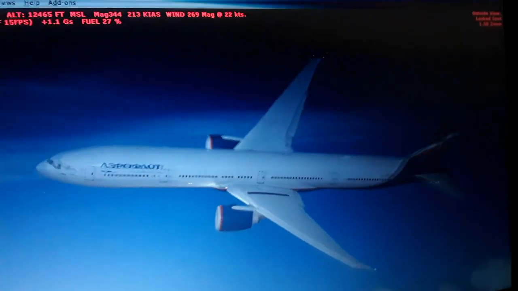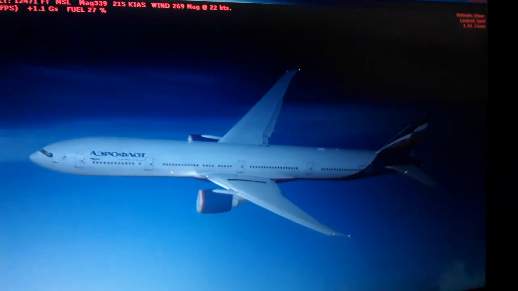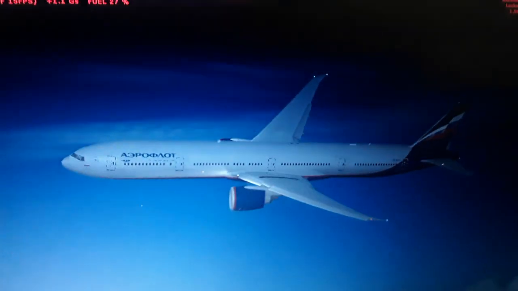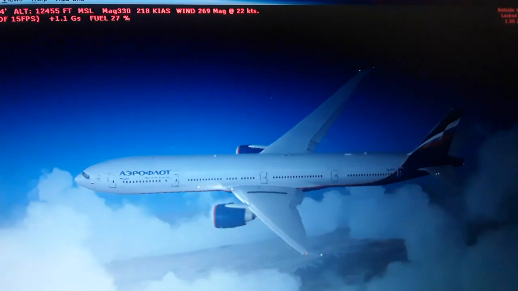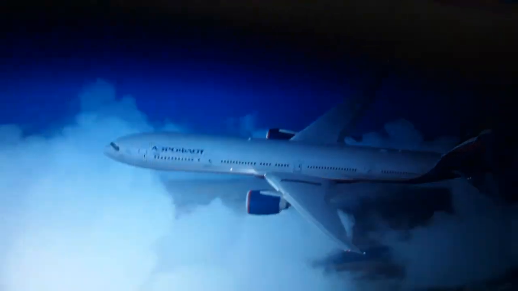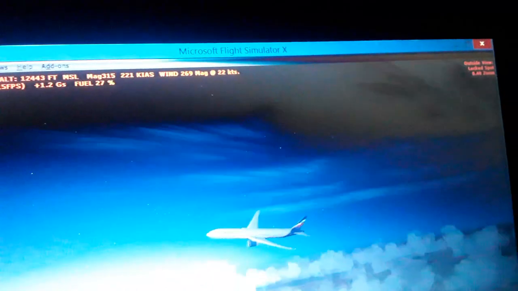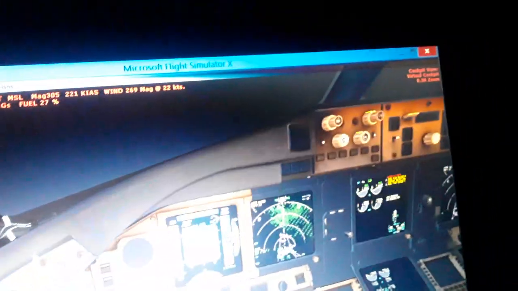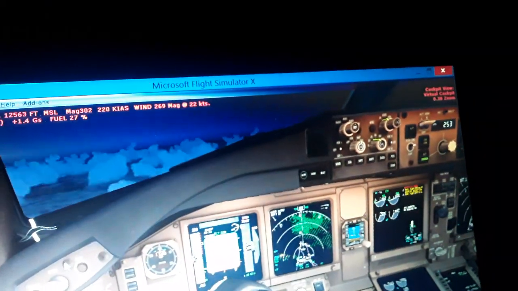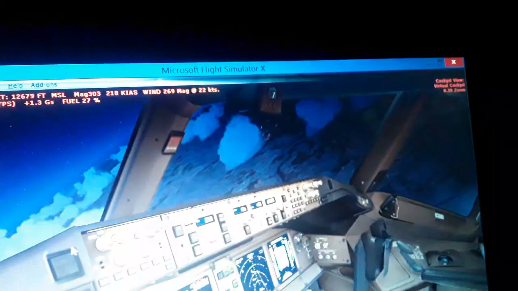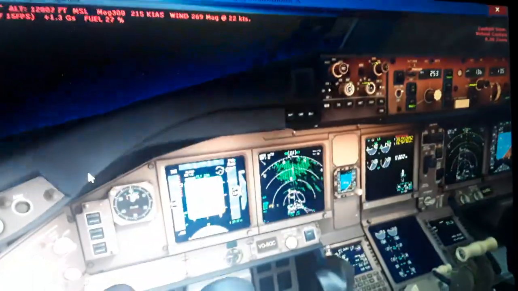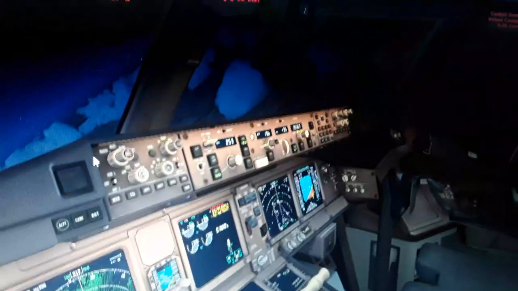This is a nice view here of the airplane. So I'll go now inside to show you all the general view from inside as we make this turn. We're gonna turn into the waypoints for the rest of the flight as we keep climbing.